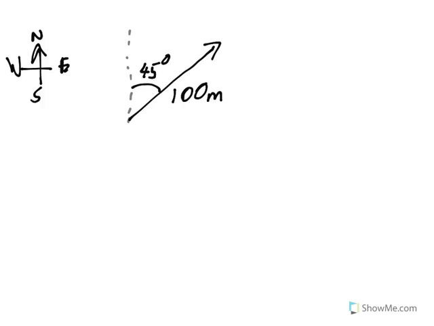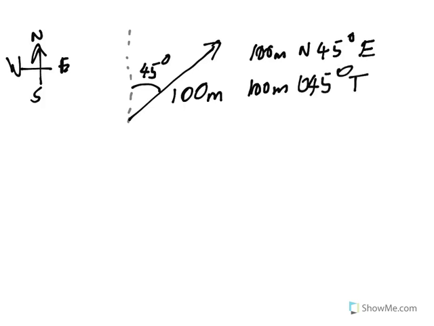Then that black line I've drawn represents the vector 100 metres north, 45 degrees to the east. Of course you can use the true bearing: 100 metres, 045 degrees T. Either of those.